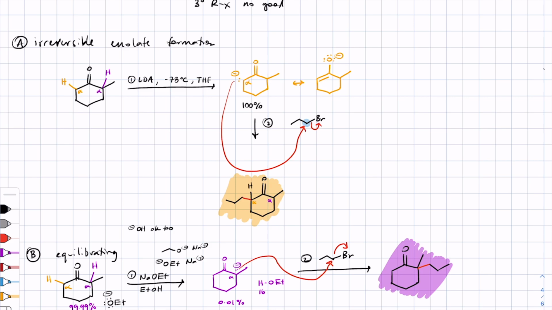So now we're going to talk about some workarounds that allow us to avoid, number one, using expensive LDA as a reagent, but also avoid these weird equilibrating conditions. Ideally, we'd like to have a world where we could make the most stable enolate and make it quantitatively, 100%. Then kinetics and thermodynamics would be reinforcing each other.